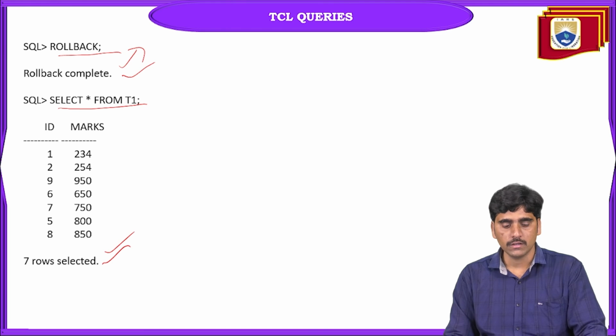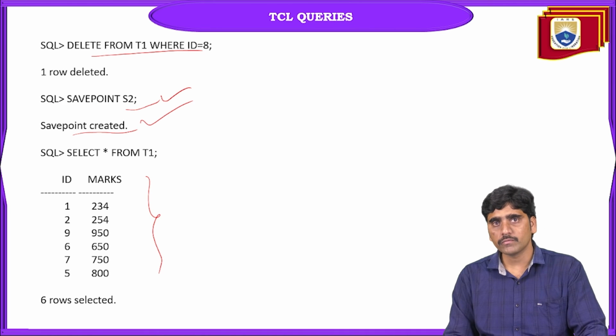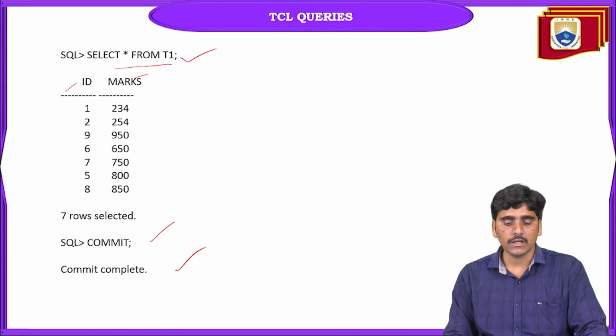So this is the way we can perform all these TCL commands and DML commands. Commit, savepoint and rollback are TCL commands, and delete, update, select and insert are DML commands.